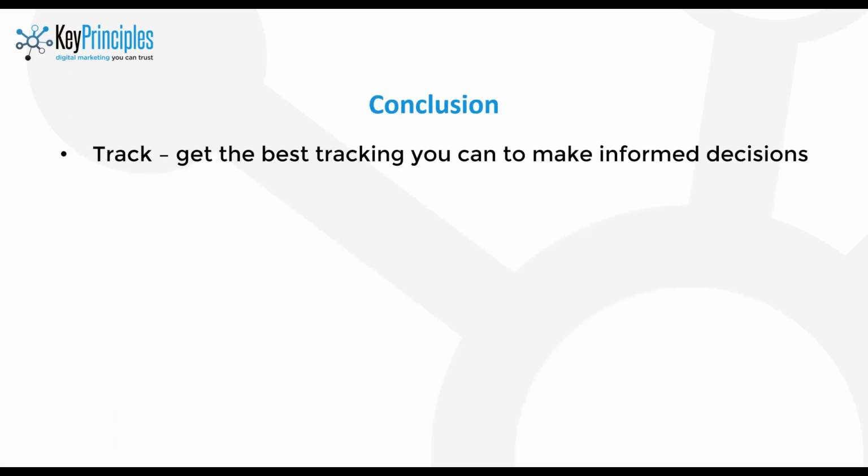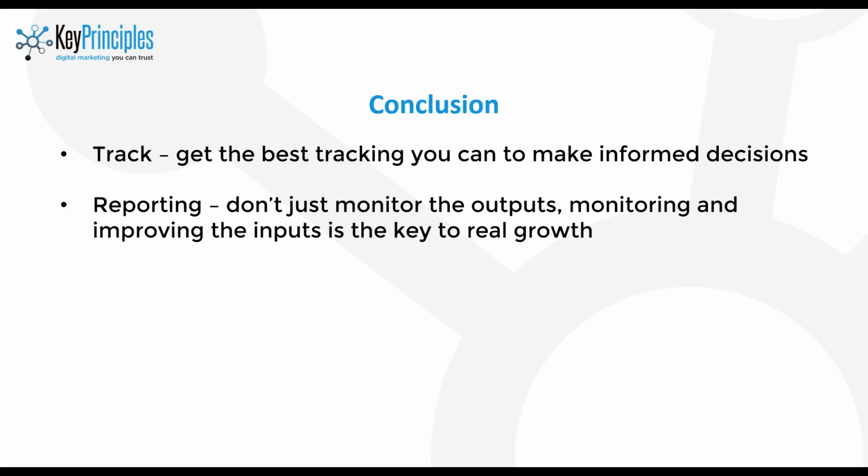And then finally, conclusion: track actions on your website and ensure that the tracking is working correctly. That will enable you to make the most informed decisions you can with regard to the activity that's really working for you. Reporting: note the most important metrics, and remember to monitor inputs as well as outputs, as it's the inputs that you have control over.